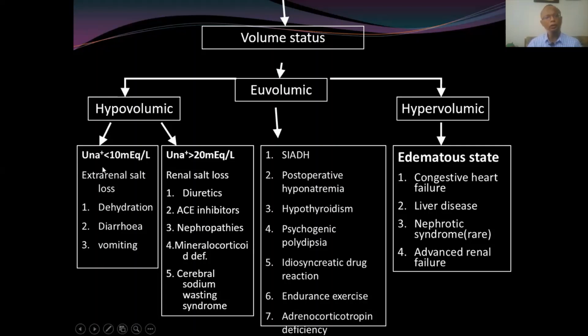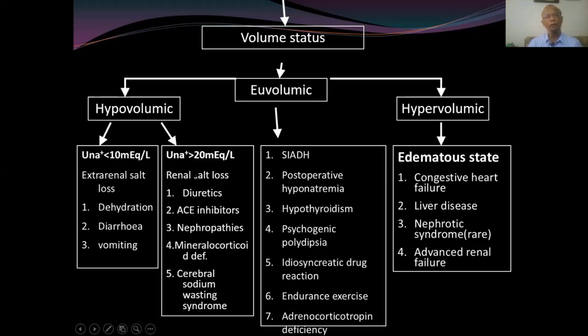When urinary sodium excretion is less than 10 milliequivalent per liter, we usually think there is extrarenal salt loss due to diarrhea, vomiting or dehydration due to other causes. Here the kidney will try to reabsorb more sodium, and urinary sodium excretion is usually less than 10 milliequivalent per liter.